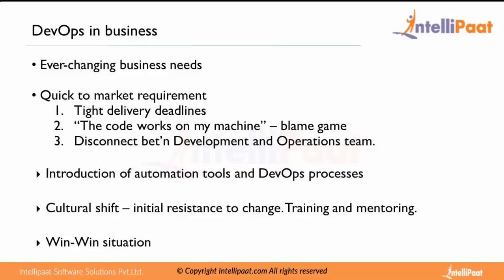Okay, so now if we try to assess and understand the whole scenario, we realize that this chaotic situation could have been avoided, provided the development and operations teams collaborated well in advance, before they actually started with the development, or rather with the project itself.